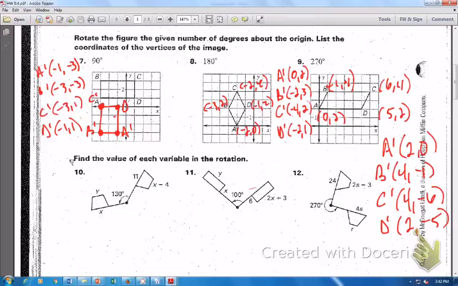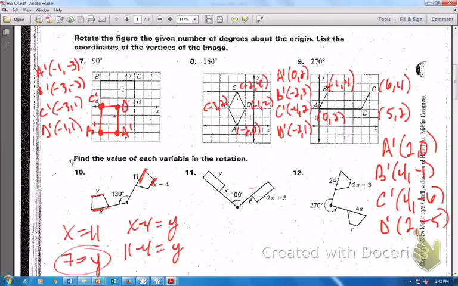Okay. Number 10, where those answers come from, remember that rotations are isometries. So x is going to match up with 11, so x is going to be 11. This x minus 4 is going to match up with y, so y is just going to be 11 minus 4, which is 7. Okay?